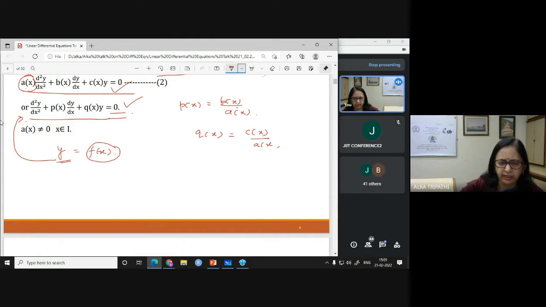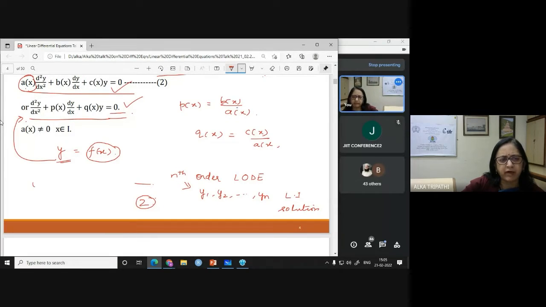If I have an nth order linear ordinary differential equation, then we will have n linearly independent solutions. Since we are talking about a second order equation, we will have two solutions.